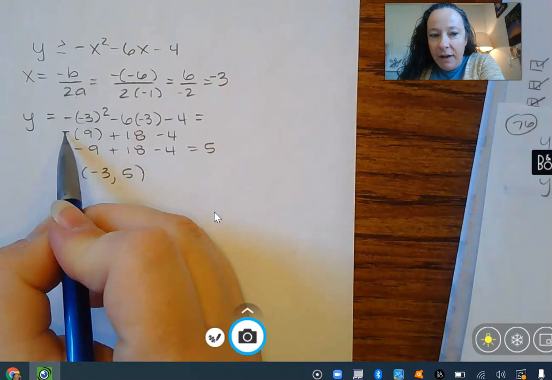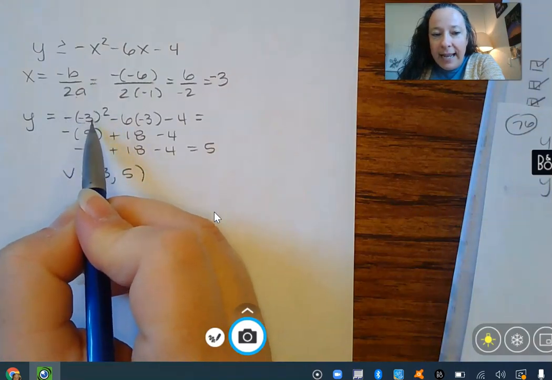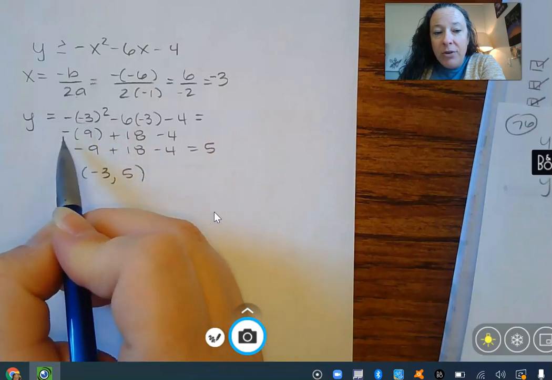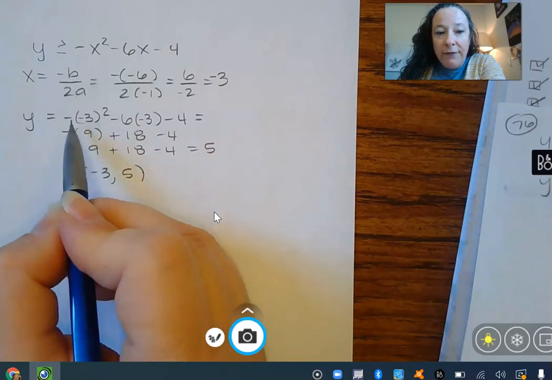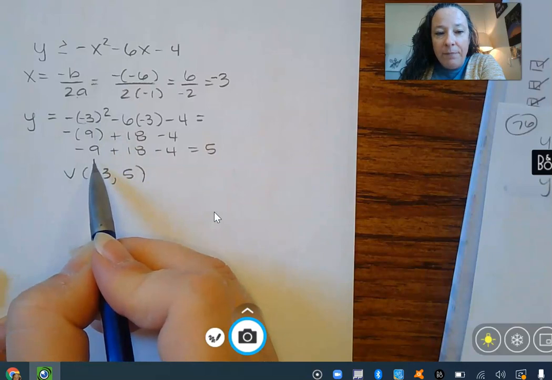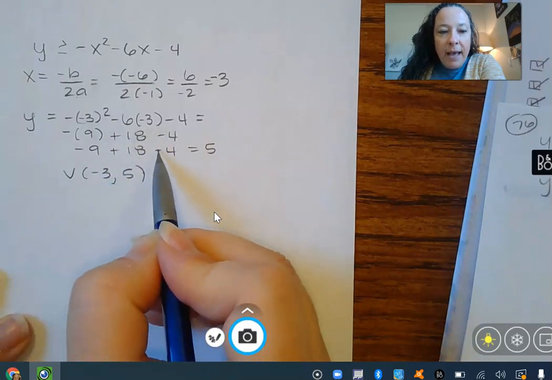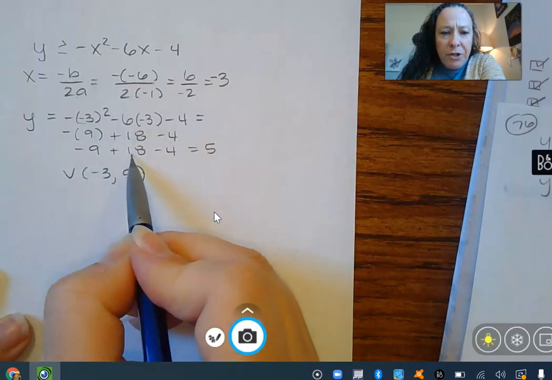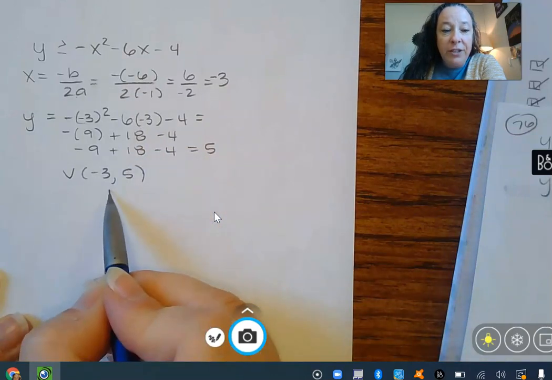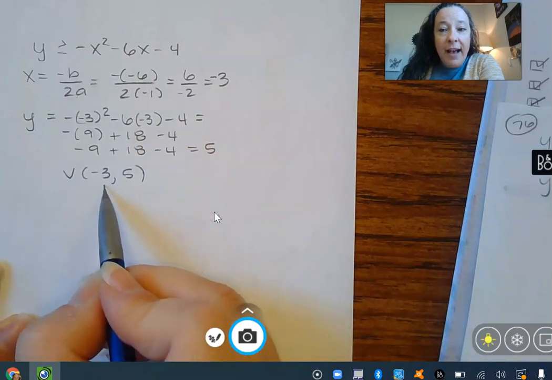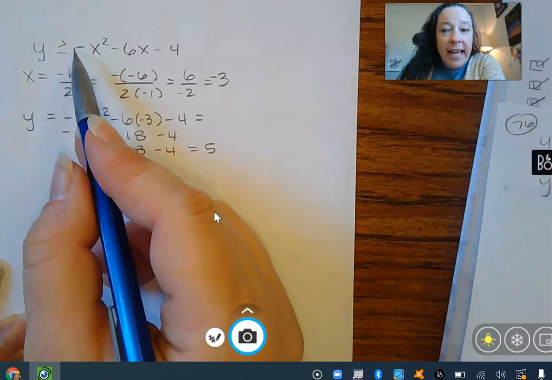So you keep that negative out front and you do this exponent. -3 squared, or -3 times -3, is a positive 9, but there's already a negative out front, so this first term turns into a -9. And then this will be a plus 18 and a minus 4. So it turns out to be 9 minus 4, which is 5. So your vertex is (-3, 5). It opens down because a is negative.